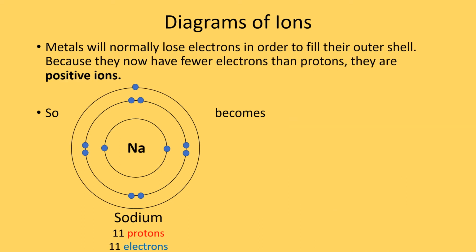So let's think about what's different when it's a metal. Well, when we take our example here, which is sodium with its 11 electrons and its electron arrangement of 2, 8, 1, we can see that that single outer electron, this one up here, is the only electron in this shell.